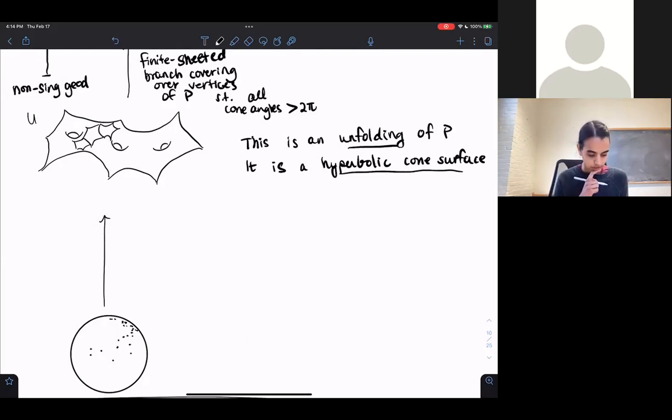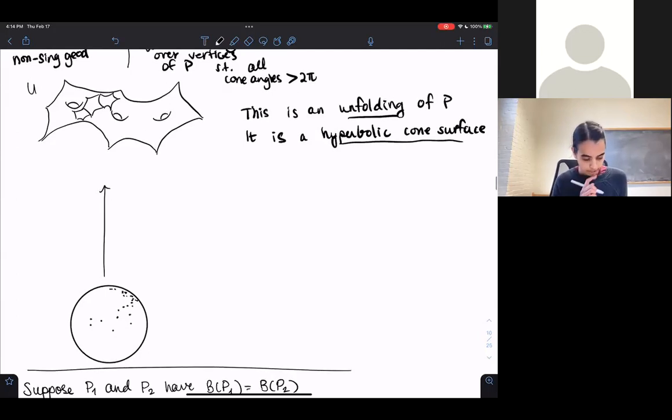Okay, so here's this universal cover. And why don't we consider the endpoints at infinity? So there's this circle at infinity here. And let's consider pairs of endpoints at infinity. For a given pair, there is a geodesic between them.